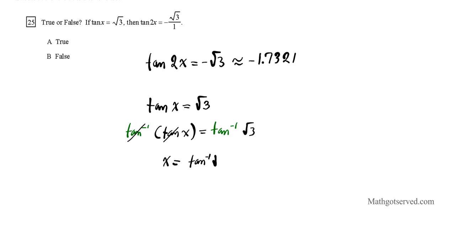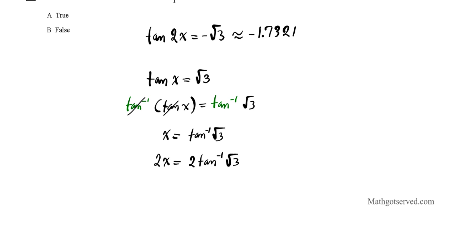Now we're looking for tan 2x, right? So what is 2x? If x is inverse tan of root 3, you multiply both sides by 2. 2x equals 2 times the inverse tan of root 3. So we want to find tan of 2x, which is tan of 2 times the inverse tan of root 3.